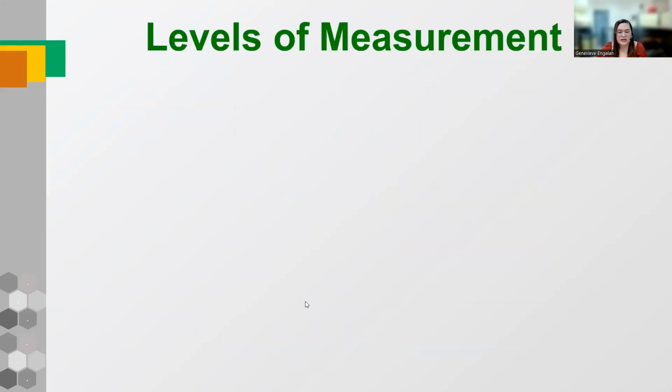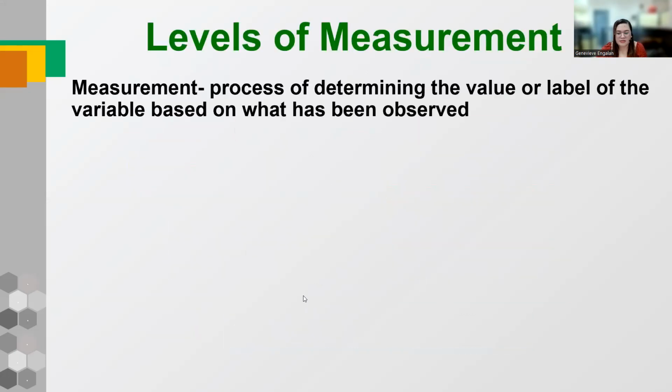Okay, so these are the levels of measurement. Measurement is a process of determining the value or label of the variable based on what has been observed. It is important that you know the levels of measurement, because when you do statistics there are conditions that we must meet to make statistical decisions or to make analysis.